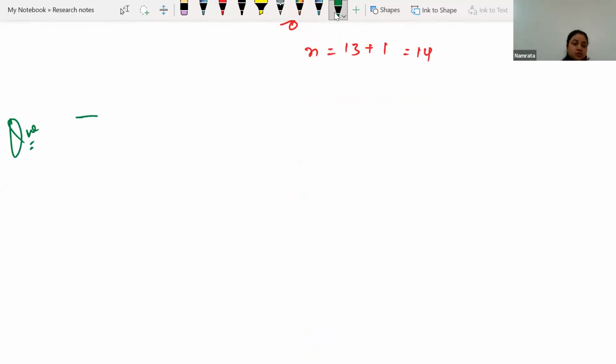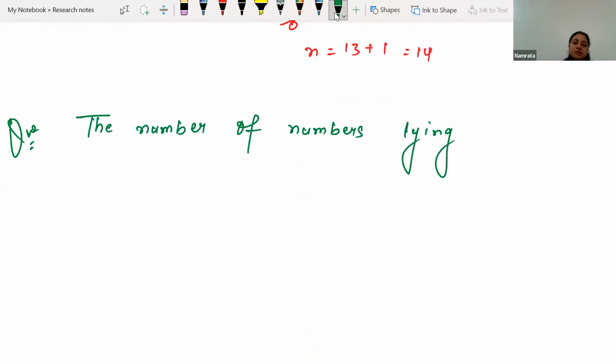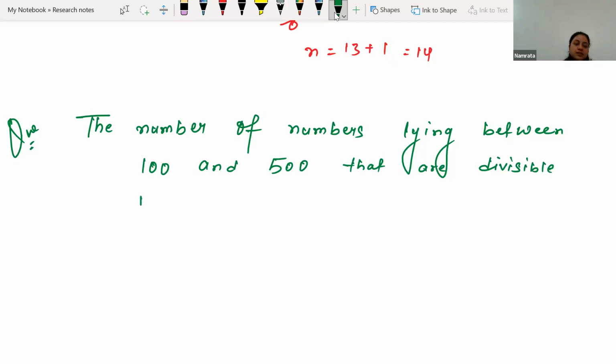Now the number of numbers lying between 100 and 500 that are divisible by 7 but not 21 are, or you can say, is how many numbers are there.